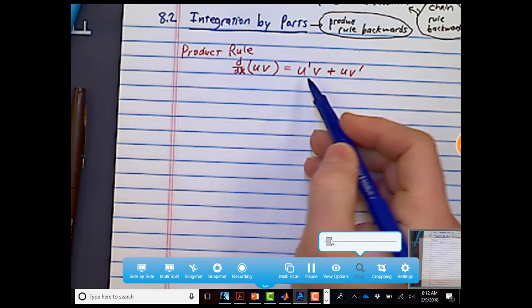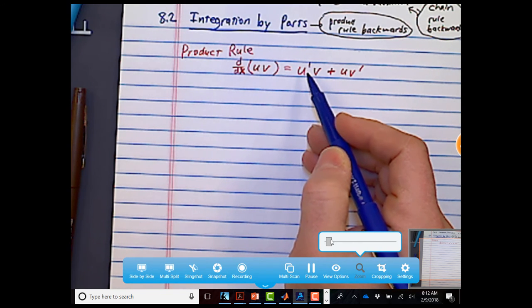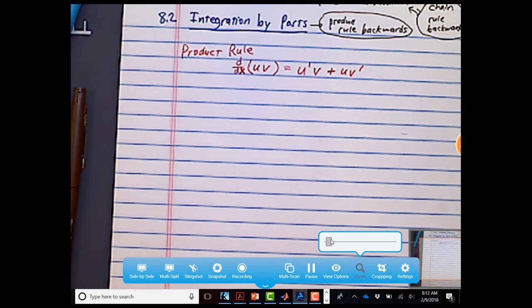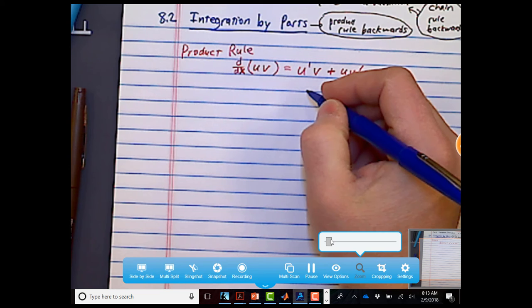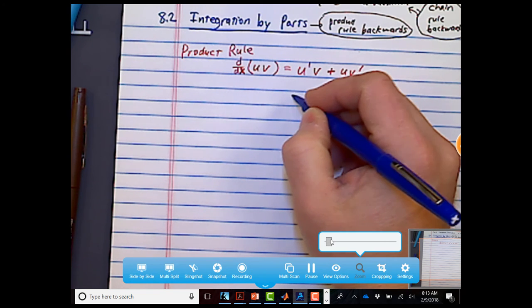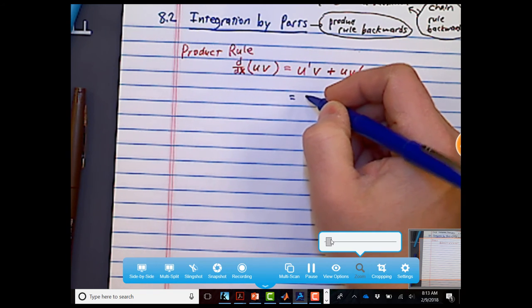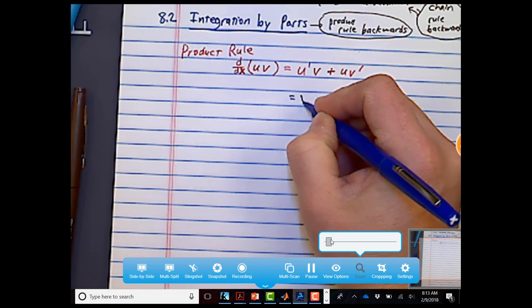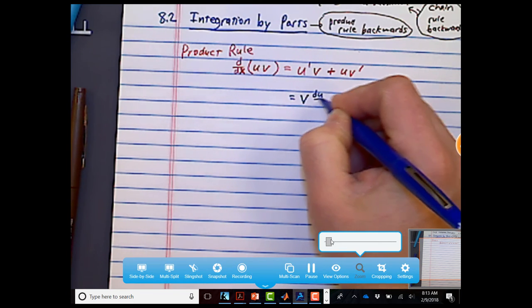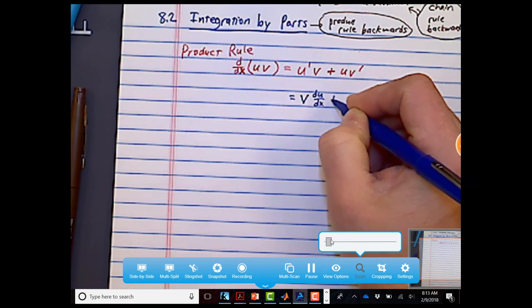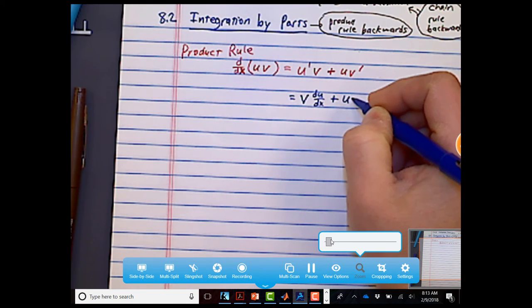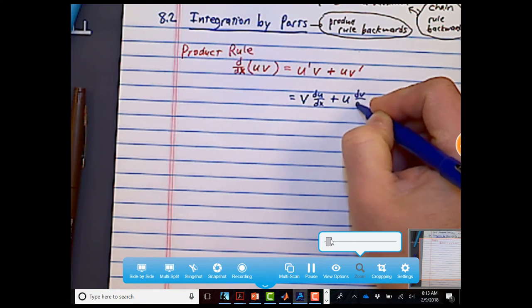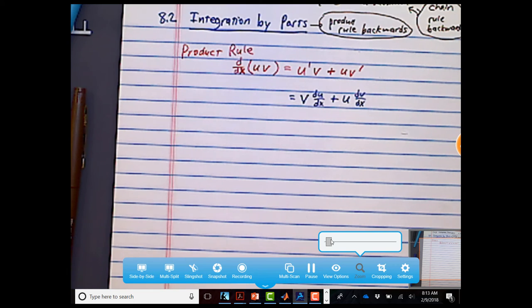So how do you write U prime using Leibniz notation? Du dx, yeah. So if you're okay with this, I'm going to write this as V times du dx plus U times dv dx, right?